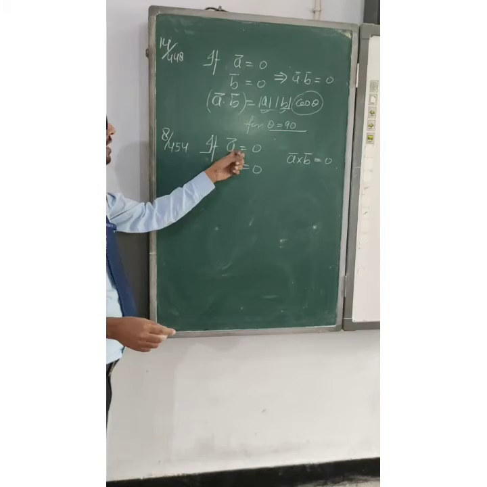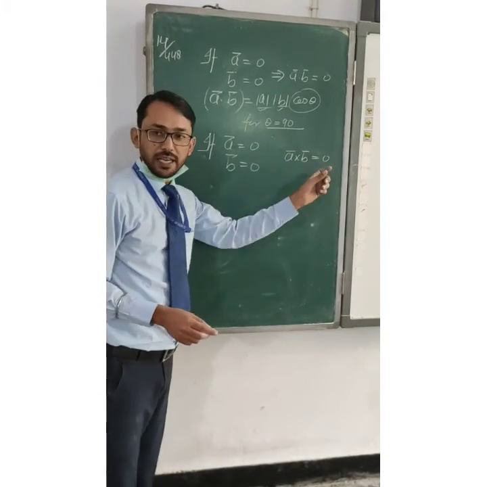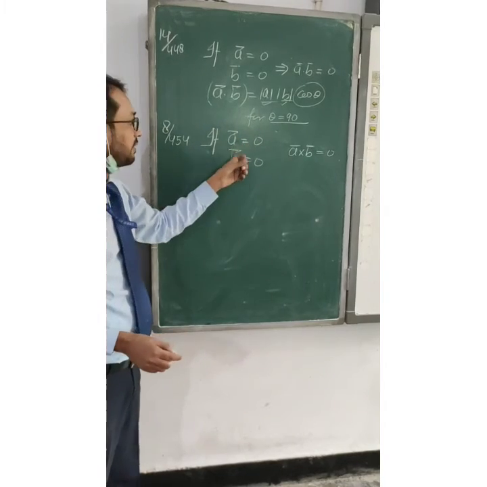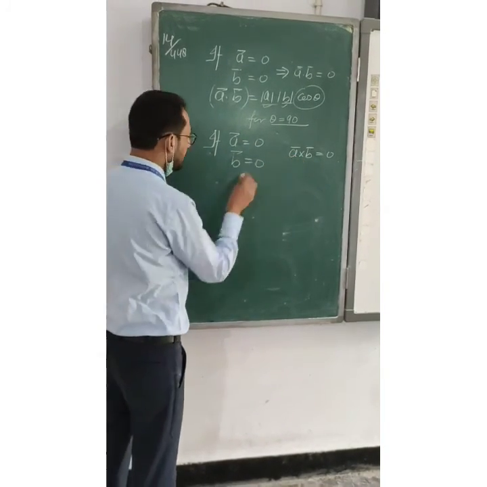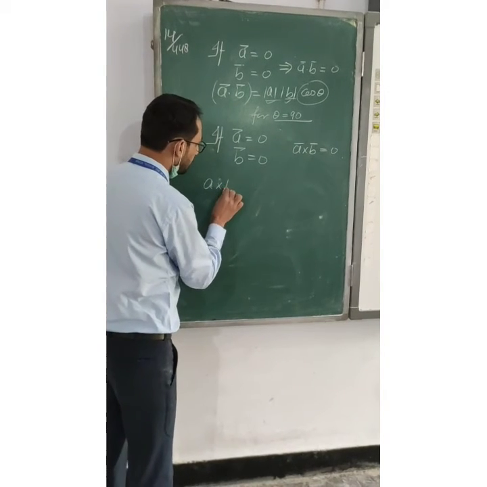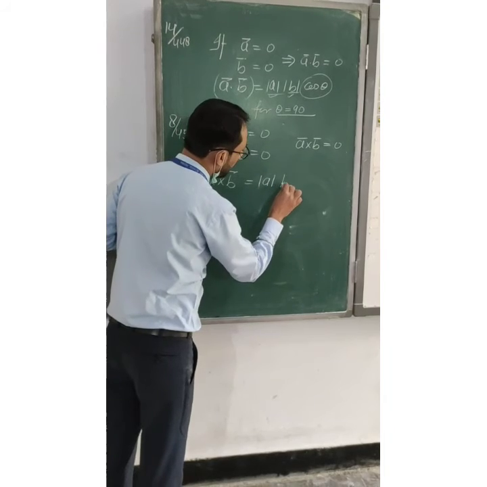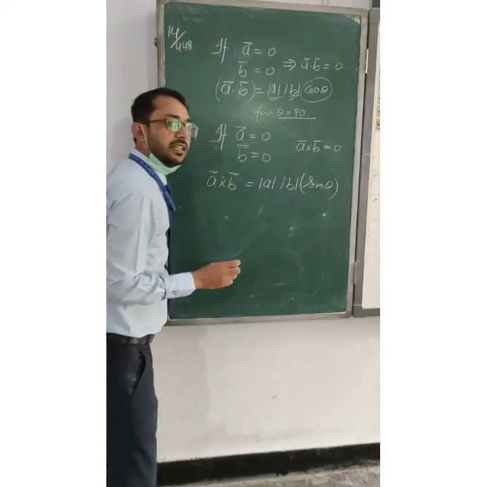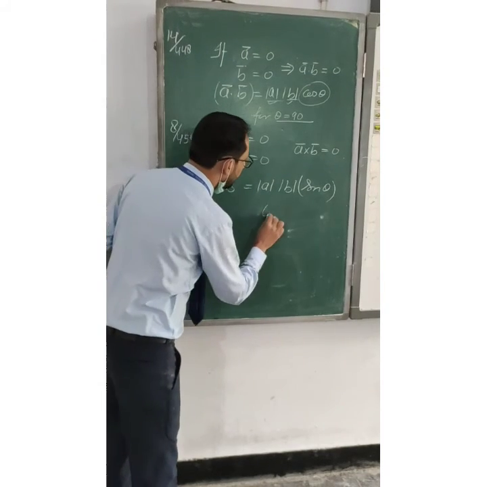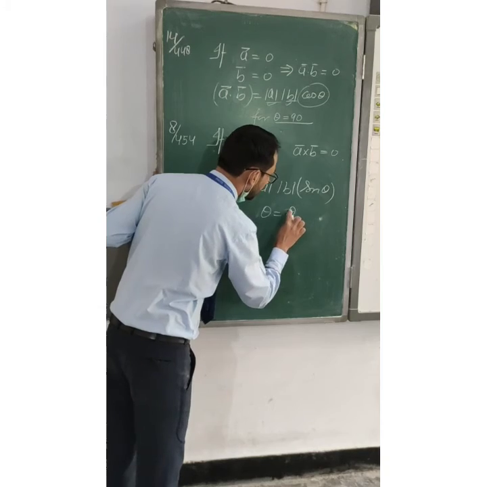In the same way, if vector A is equal to 0 or vector B is equal to 0, then A cross B will be equal to 0 if any one of the two is equal to 0. But the converse: if A cross B vector is equal to 0, that is mod A mod B sin theta, again the sin theta could also be 0 for theta equal to 0 degrees.